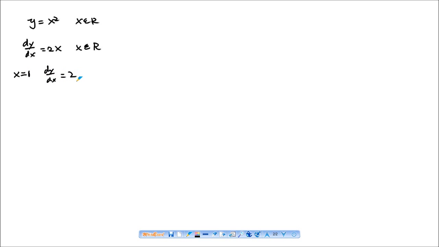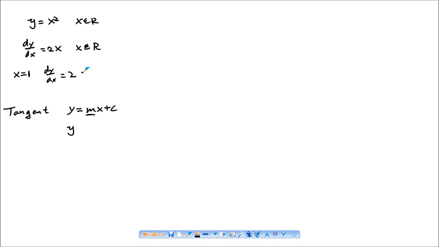So our tangent is a straight line. We know a straight line has a formula y equals mx plus c, where m is the gradient and c is a constant.